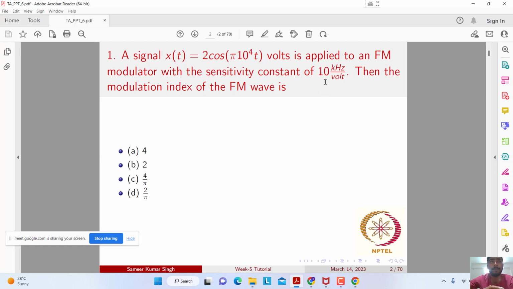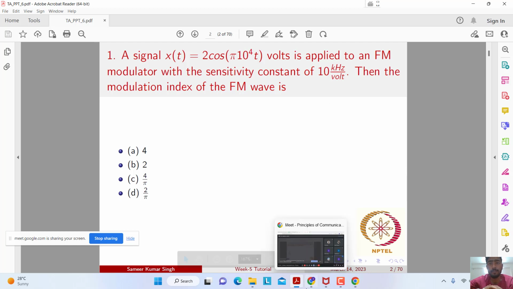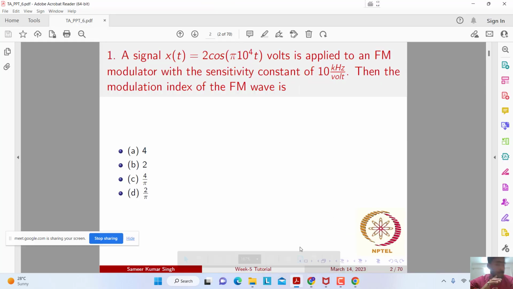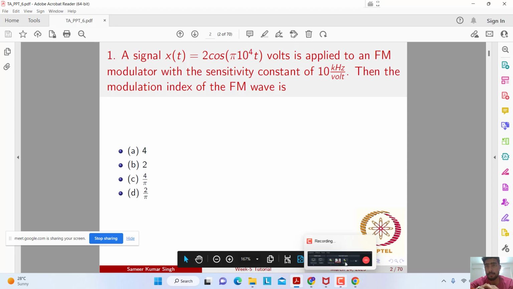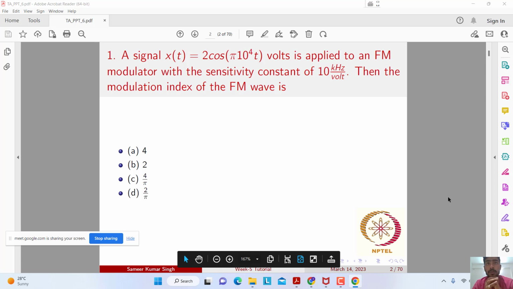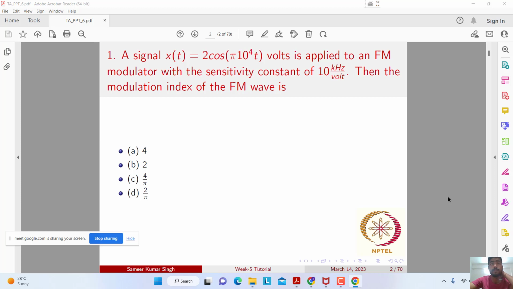So please try. Question is clear. Okay. So please try. There we have to calculate the modulation index. I'm giving you a hint.